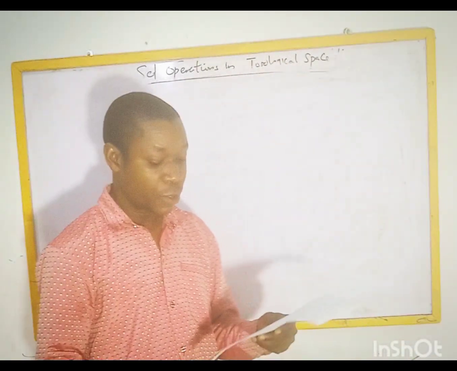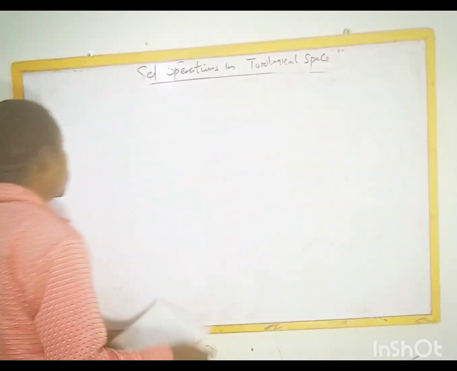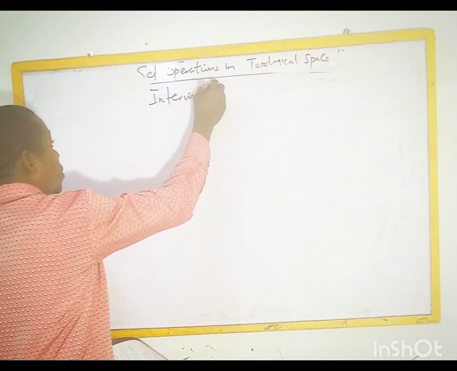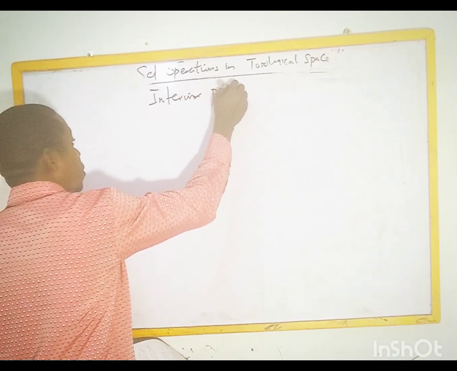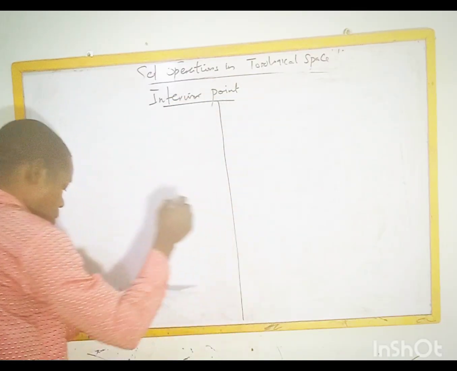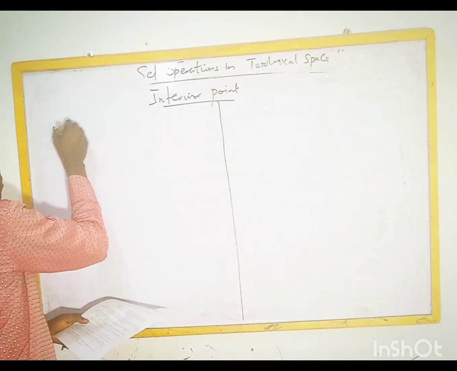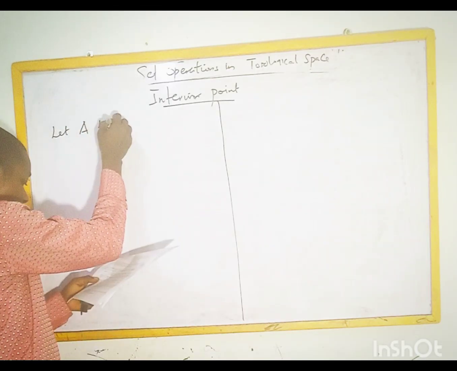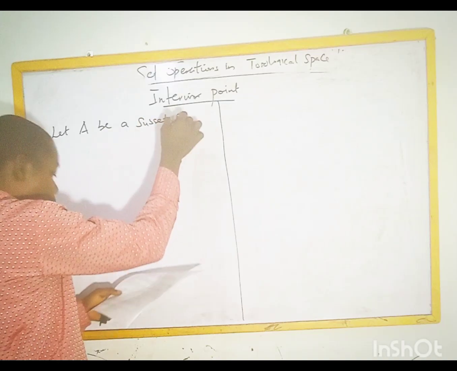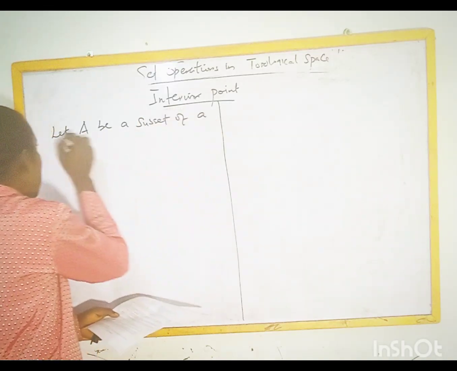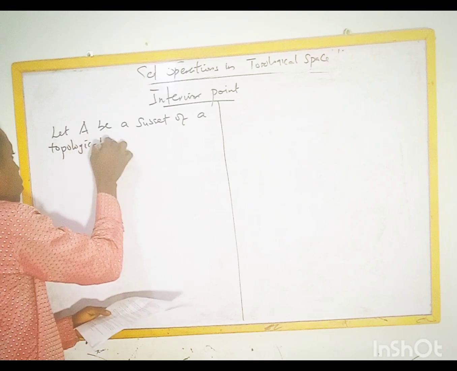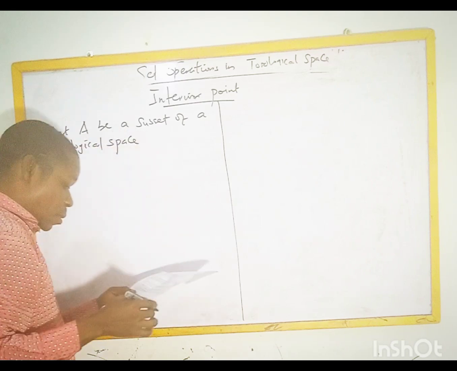Now let's start with interior. Definition: we are talking about an interior point. What does it mean? Let A be a subset of a topological space.